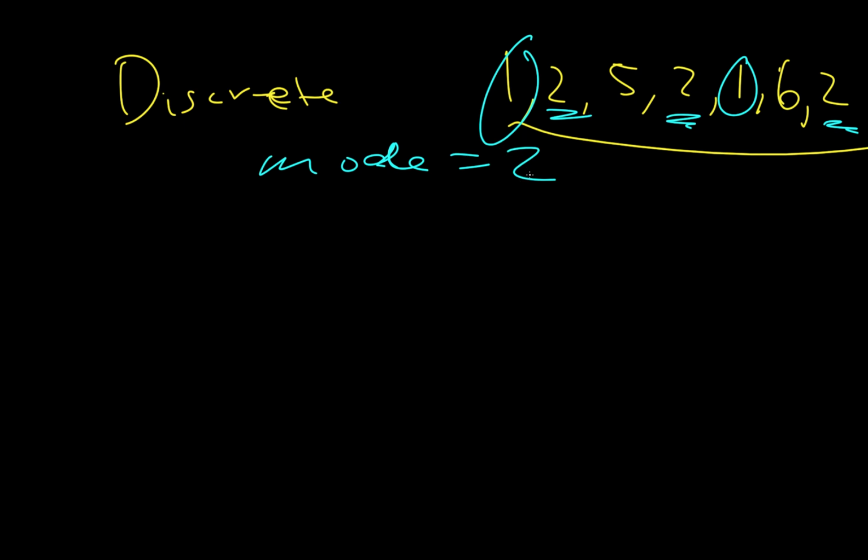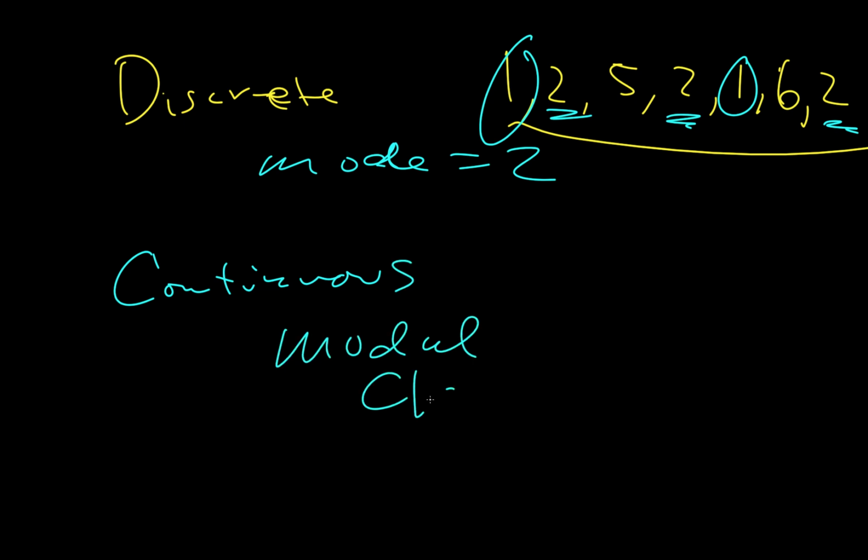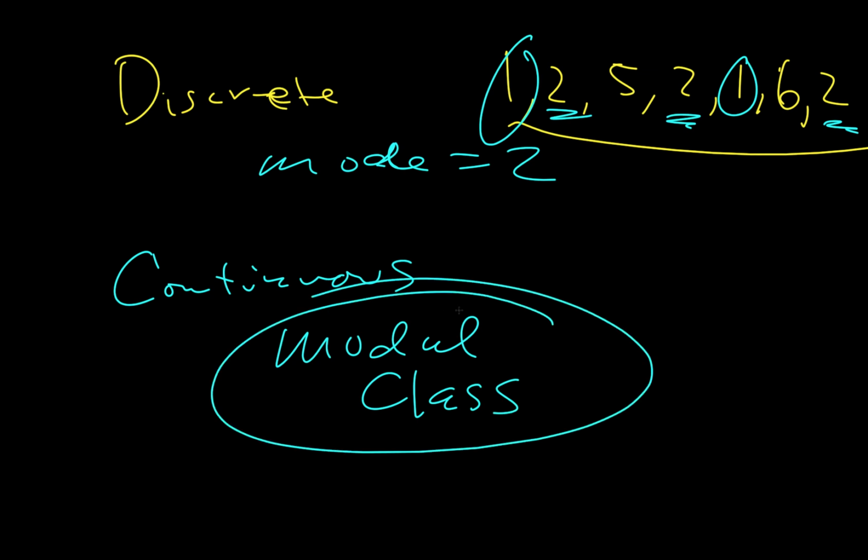For continuous data, we can't talk about the mode individually, so if it's continuous, we instead talk about a modal class. And we've mentioned that in other videos, and so you can go back to those and watch that.